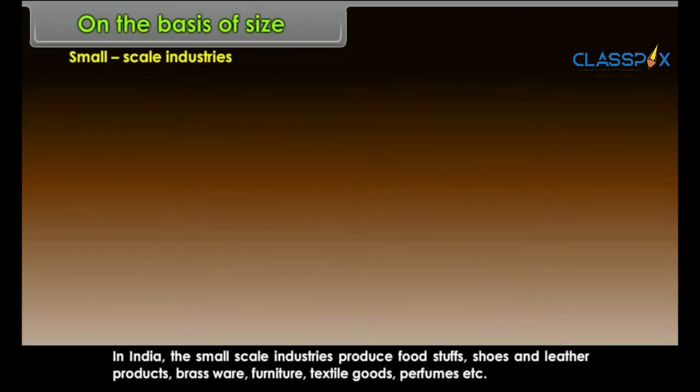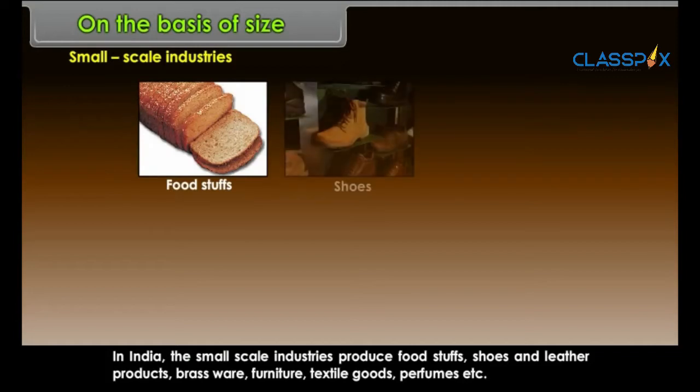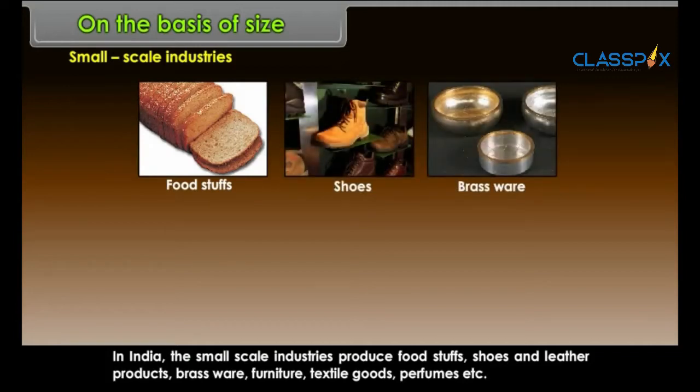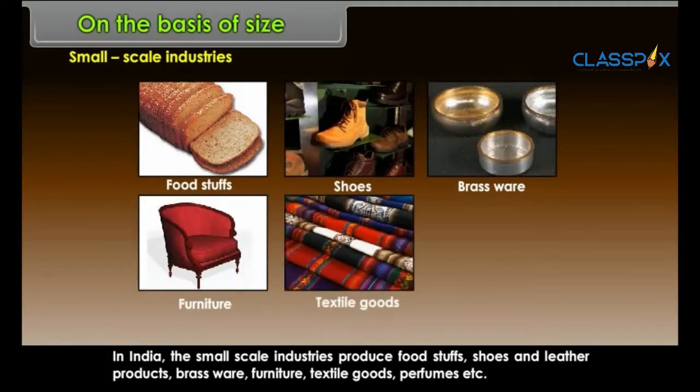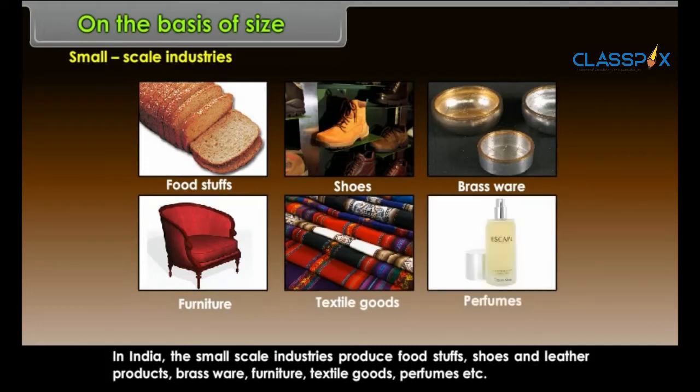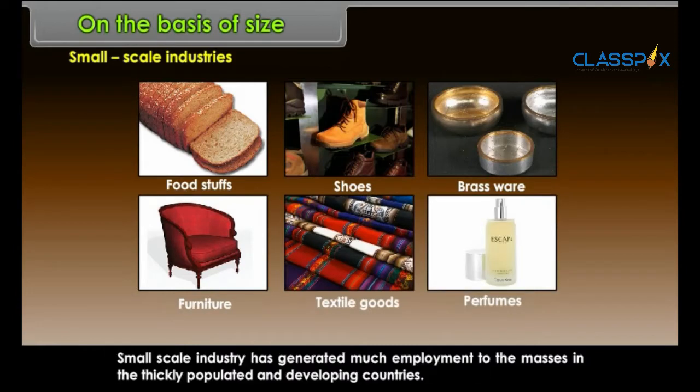In India, the small-scale industries produce foodstuffs, shoes and leather products, brassware, furniture, textile goods, perfumes, etc. Small-scale industry has generated much employment to the masses in the thickly populated and developing countries.